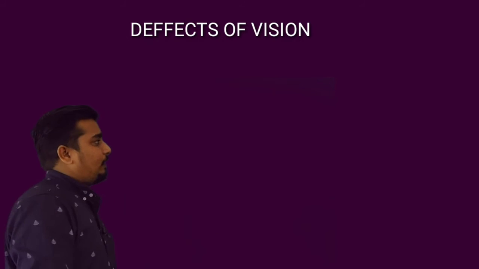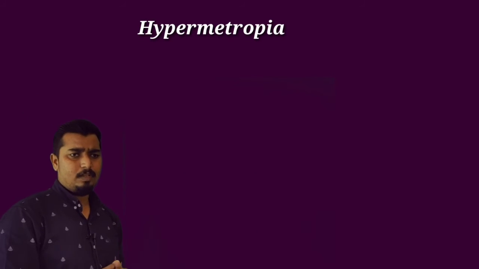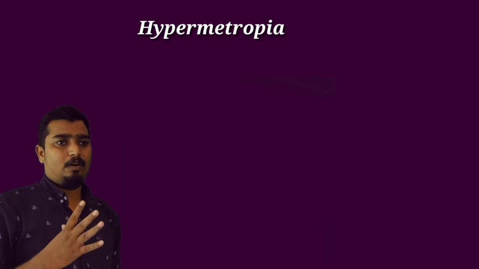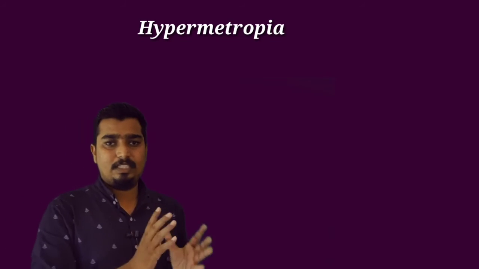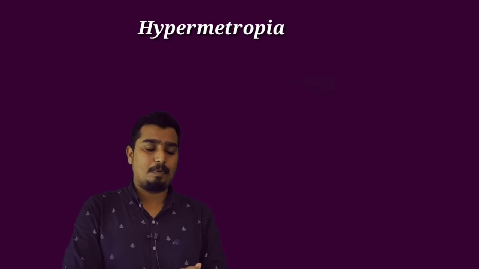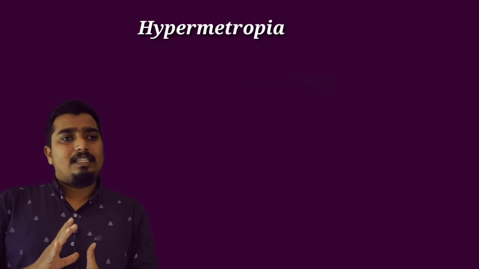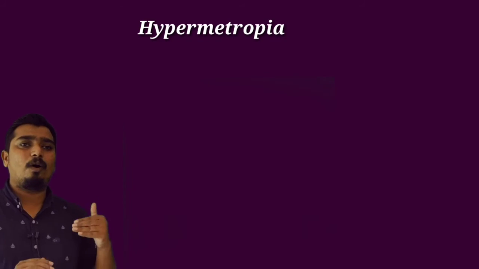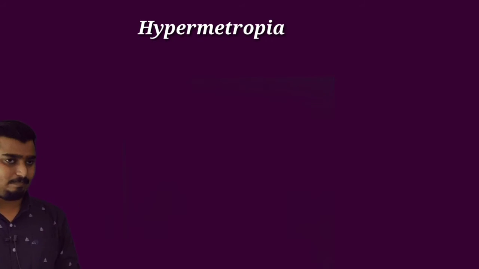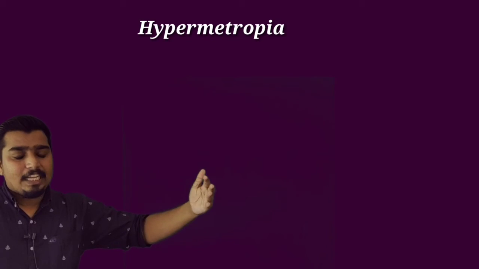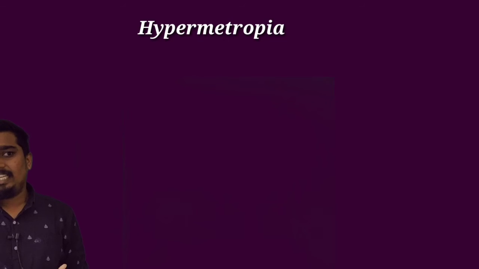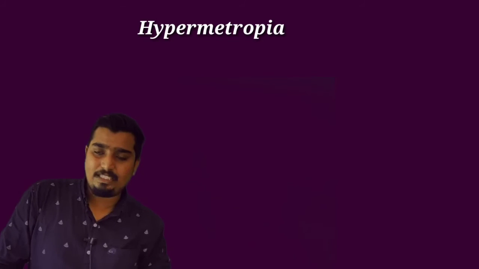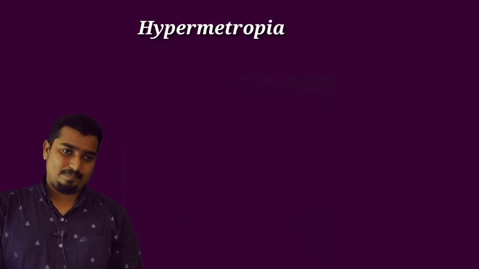The first one, hypermetropia. What is the defect of vision in hypermetropia? In the case of hypermetropia, the near object cannot be seen clearly, even though the distant object can be seen clearly.